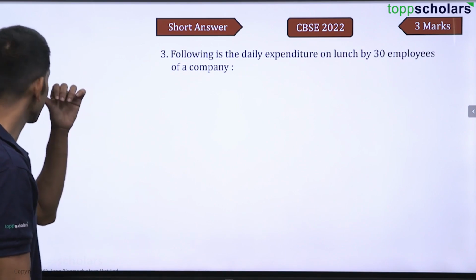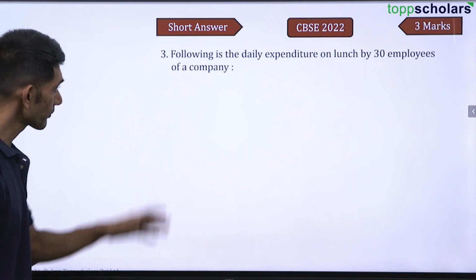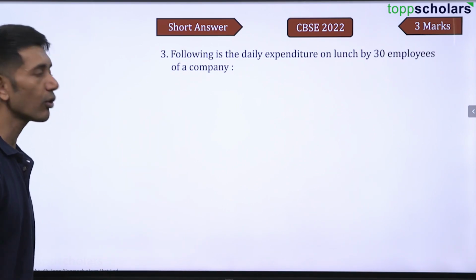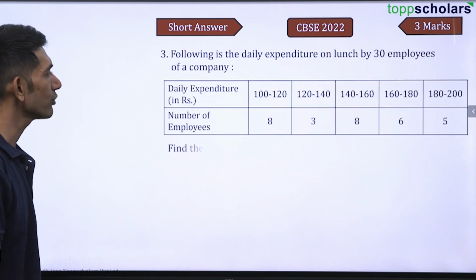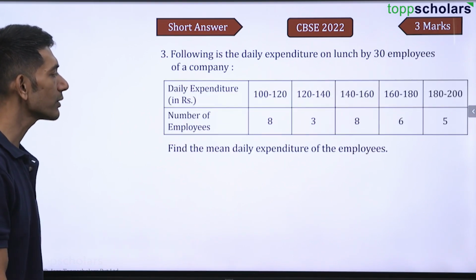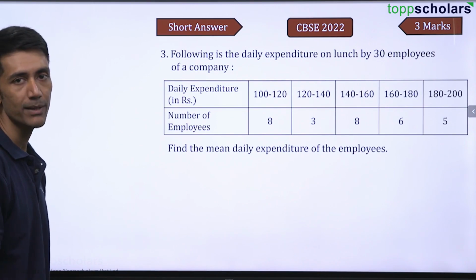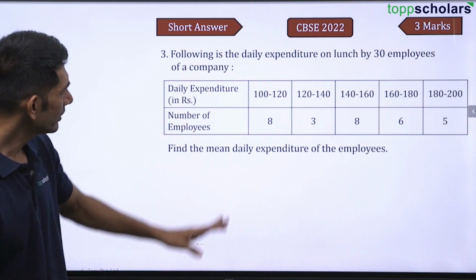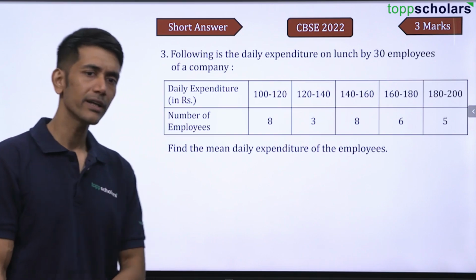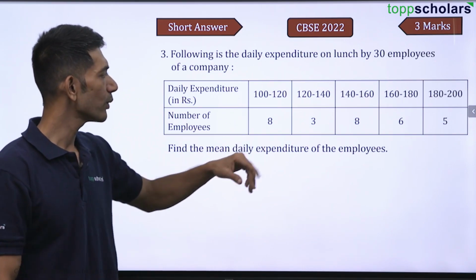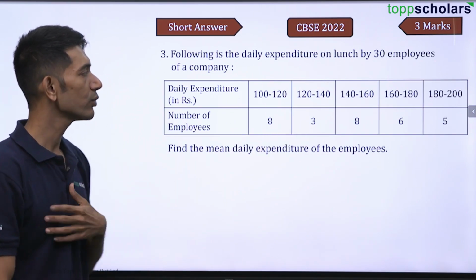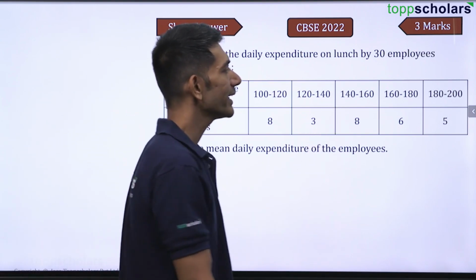So here is a new question. It says, following is the daily expenditure on lunch by 30 employees of a company. We're supposed to find out the mean daily expenditure of the employees. Now this is a simple question. The daily expenditure in rupees is already given for lunch: 100 to 120, 120 to 140, 140 to 160, 160 to 180 and 180 to 200.